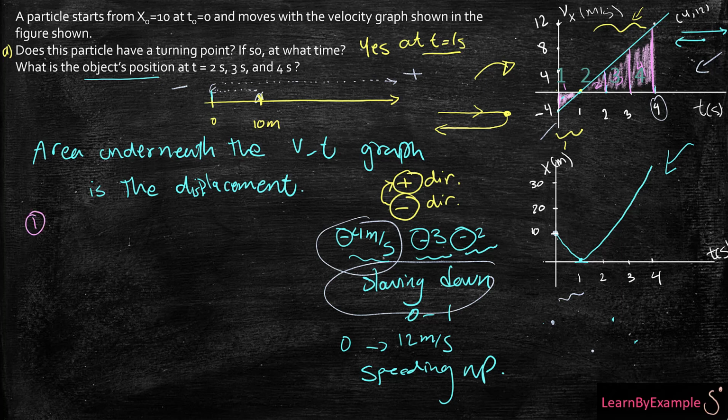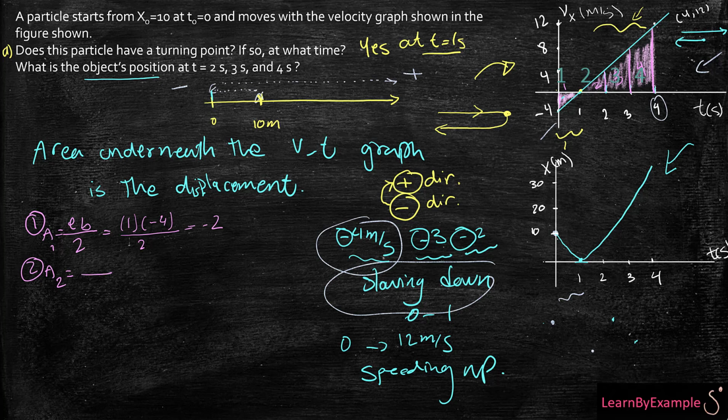So for area 1, it's a triangle, so it would be length times base divided by 2. My length here is 1, which is 1 second. My base here is -4, over 2. So it would be just -2. Now for my area number 2, it would be the same thing: the length times base.